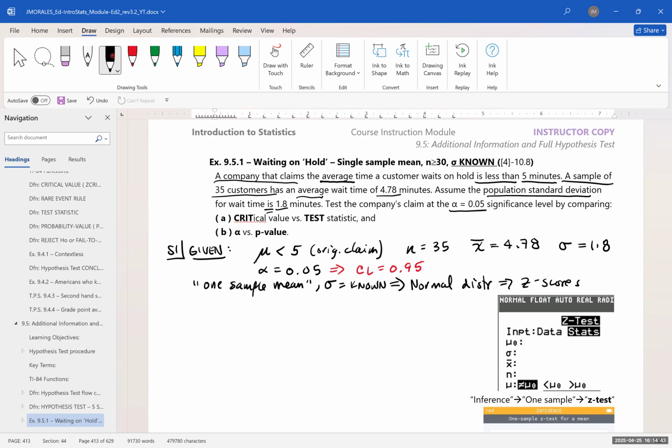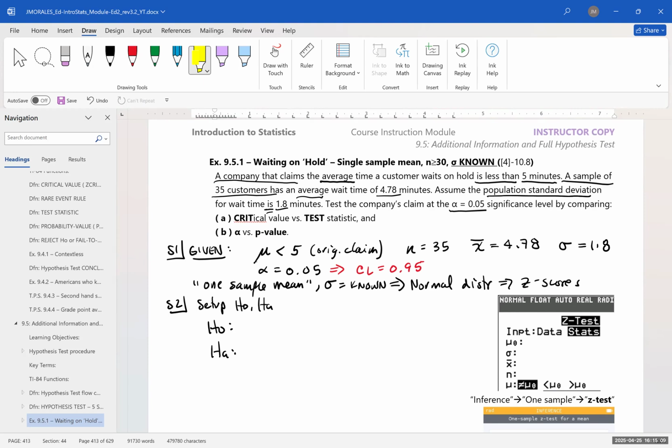All right, now let's move on to step two. So step two is to set up the null and alternate hypotheses and all the other things that go with it. So remember that we have the null hypothesis and the alternate hypothesis. Now the alternate hypothesis does not have equality in it.